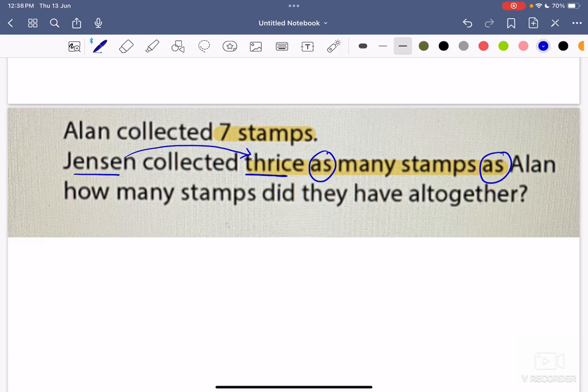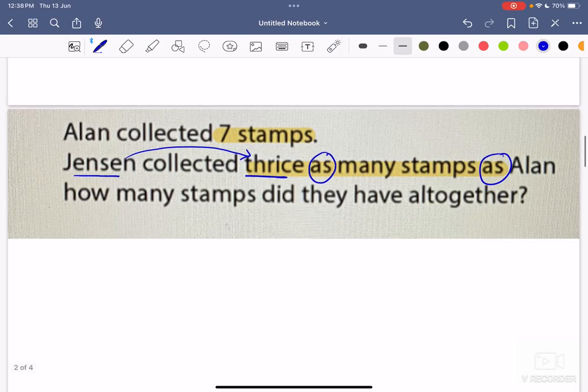Thrice as many stamps as Alan, meaning this Alan is 1. When you hear 6 times as many, we are comparing 6 and 1. Thrice as many, we are comparing 3 and 1. Twice as many means 2 and 1. So in this case, it's 3 and 1 unit we are comparing.